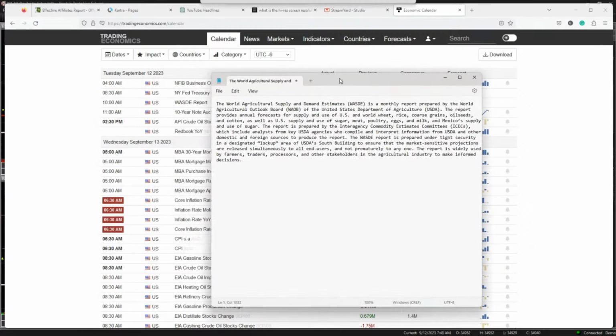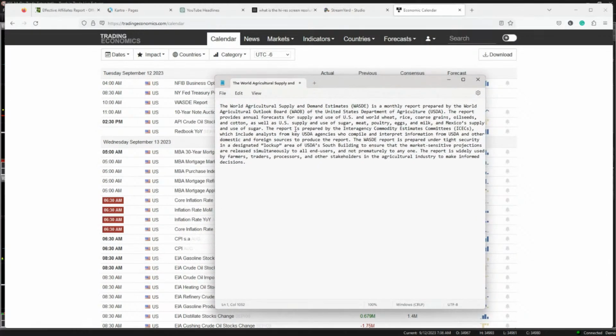And in fact, here's the WASD. What is the WASD? People say, oh, what's WASD? What's a WASD report? That's the World Agricultural Supply and Demand Estimate. It's a monthly report prepared by the World Agricultural Outlook Board of the United States Department of Agriculture. The report provides annual forecasts for supply and use of U.S. and world wheat, rice, coarse grains, oil seeds, and cotton, as well as U.S. supply and use of sugar, meat, poultry, eggs, and milk, and Mexico's supply and use of sugar.